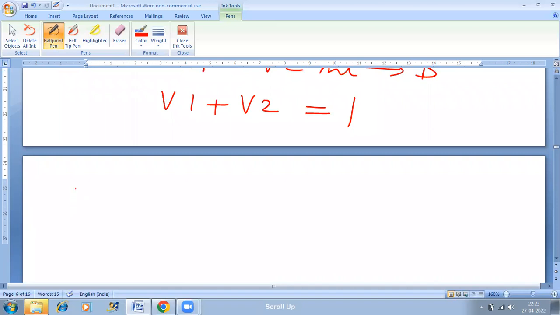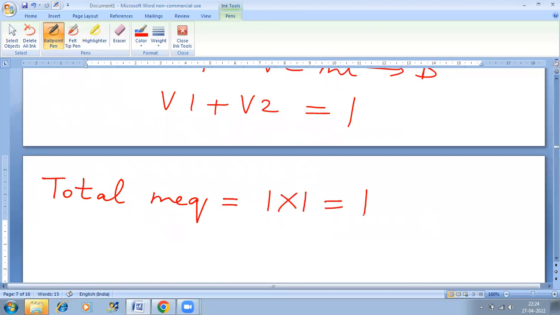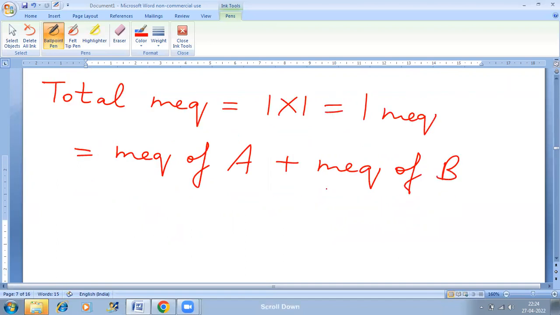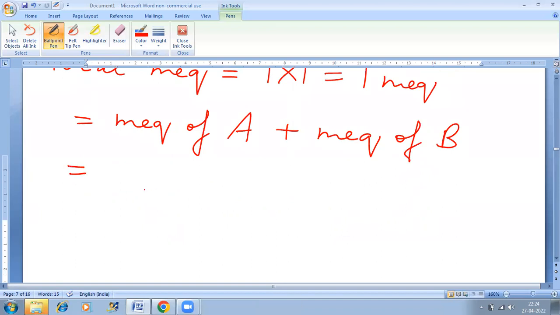Now, total milli equivalents. Total milli equivalents will also be equal to 1 because normality is given as 1 and volume is 1 ml. So 1 into 1 becomes 1 meq. Now also I can find out total milli equivalents in this manner. That is milli equivalents of A plus milli equivalents of B. Milli equivalents is what?